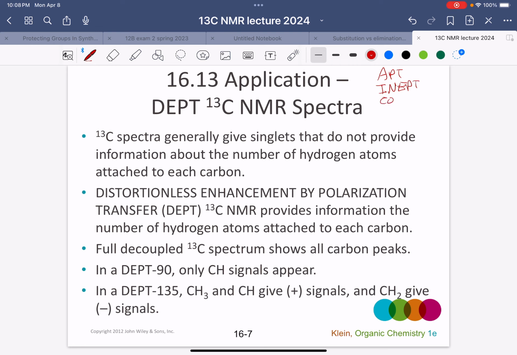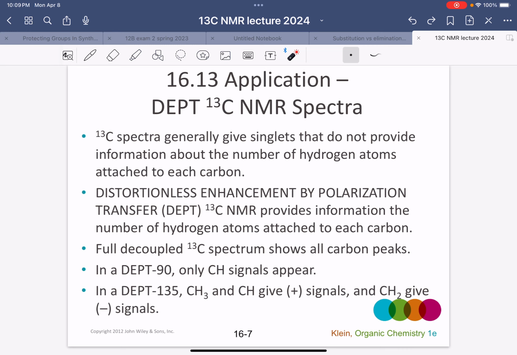Let's see, we have COSY, we have NOESY, we have ROESY. Let's see, we have TOCSY. When you get to multidimensional protein NMR, you've got names like HNCOCA and stuff like that. So anyway, just a little side story there. Yes, I did a lot of NMR spectroscopy as a postdoc.